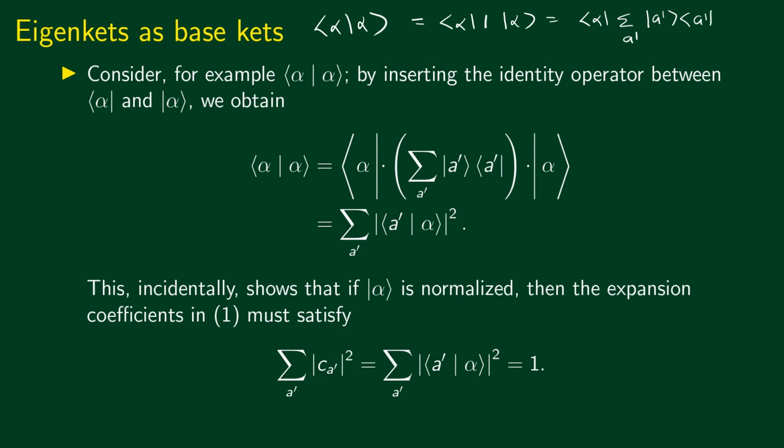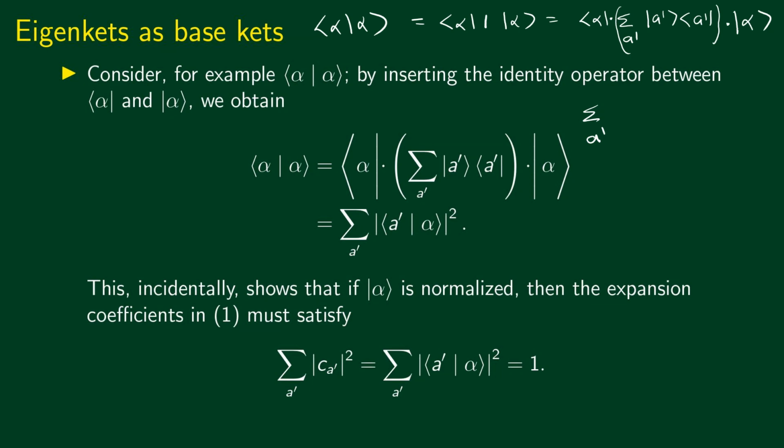We said that this is equal to the identity operator. So let me be careful here and put a dot here and here. And here I have ket alpha. Now the sum over a prime can be pulled outside, because this alpha has no a prime index and this alpha also has no a prime index. So I can put the summation outside.